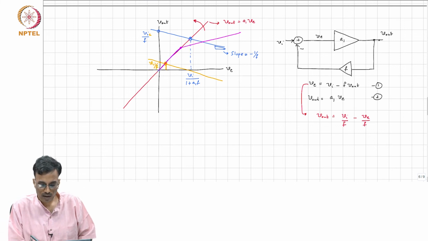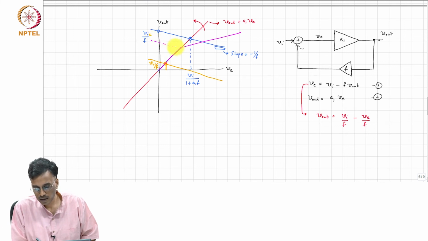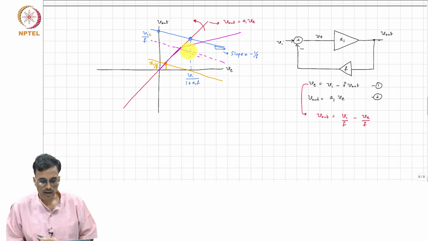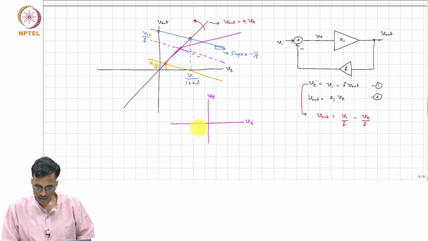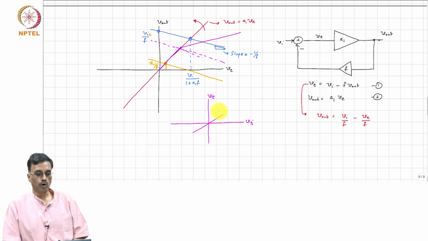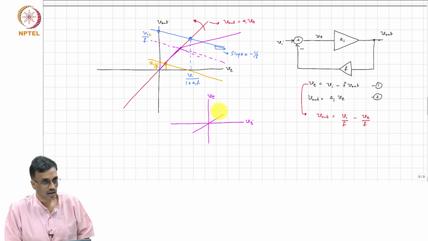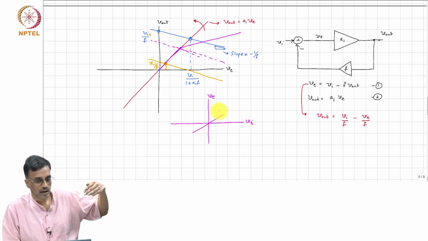Up to here, this is the critical Vi at that break point. If I plot V error versus Vi, until you reach that critical point, what comment can you make about the point of intersection? It will go linearly, right.